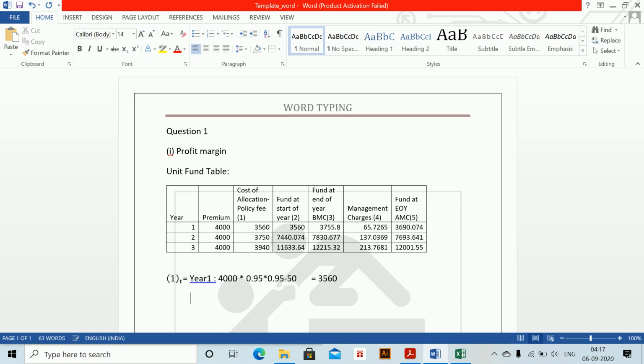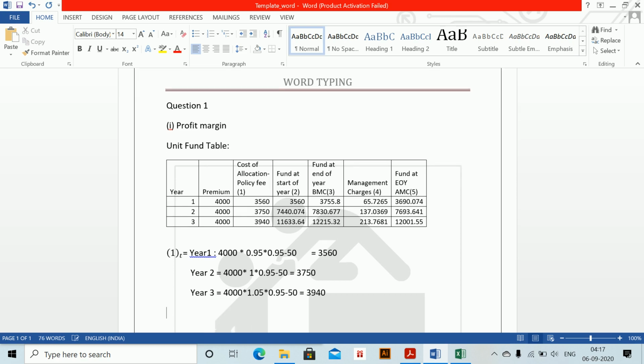For year 2 this is equal to 4000 into 1 into 0.95 minus 50 is equal to 3750. Okay, and year 3 is equal to 4000 into 1.05 into 0.95 minus 50 is equal to 3940.